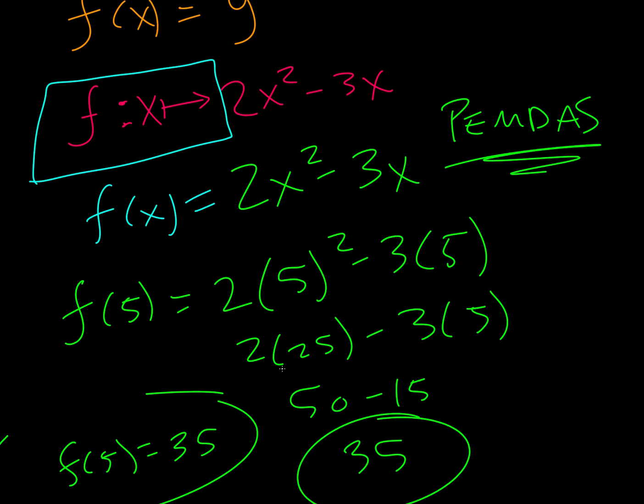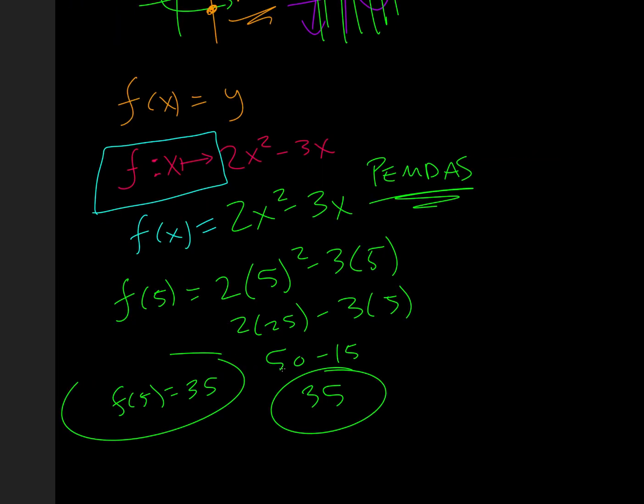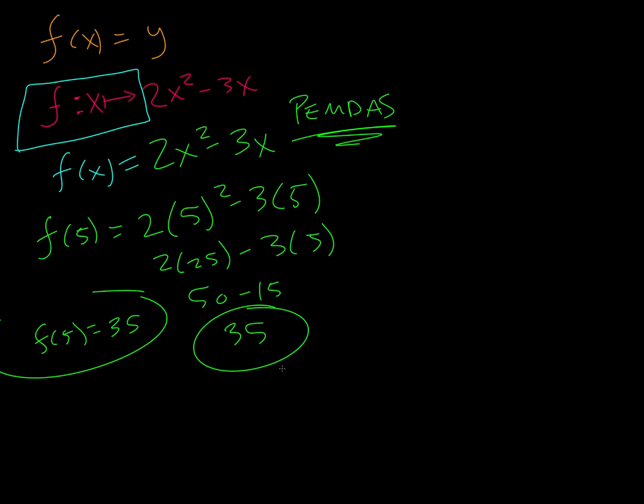Okay? Now, for the same function, they want us to do f of negative 4. So once again, we're just going to replace all the x's with negative 4's.